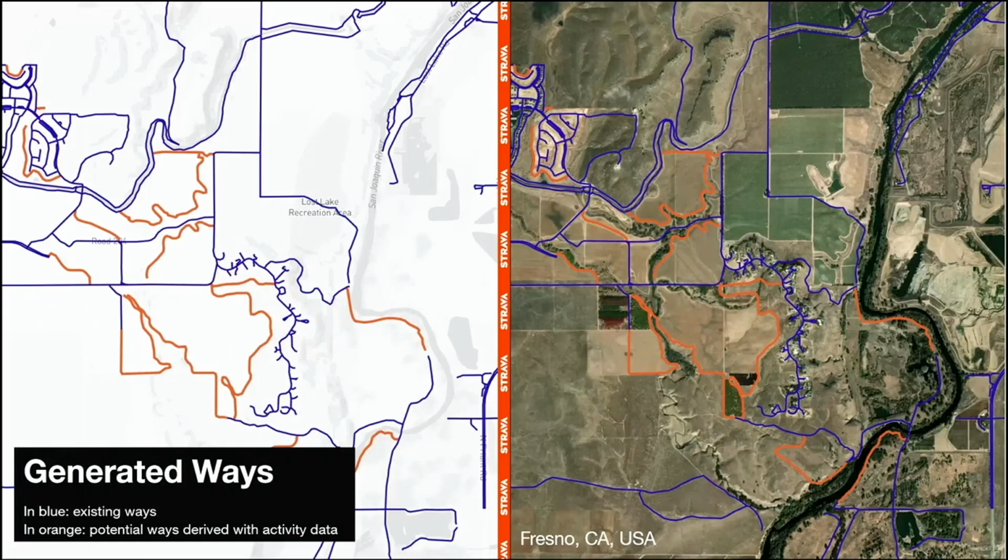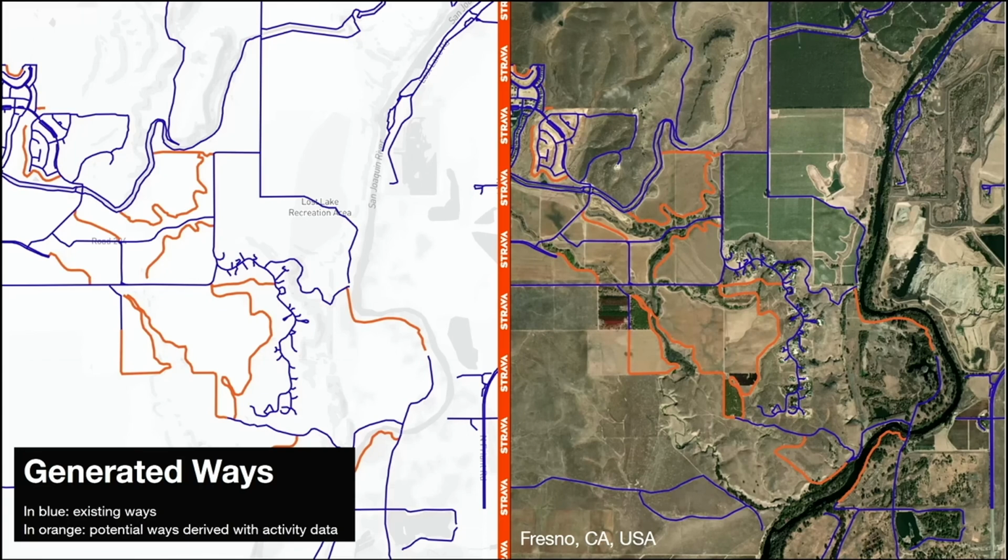So here we have the final output. On the left, you see a map of a region in Fresno, California, that came out with some generated edges based on our methodology. In blue, you can see the existing ways, and in orange, you can see the newly generated ways.